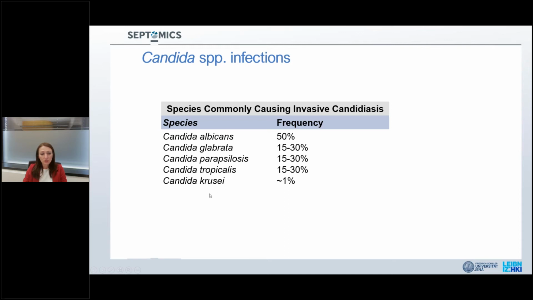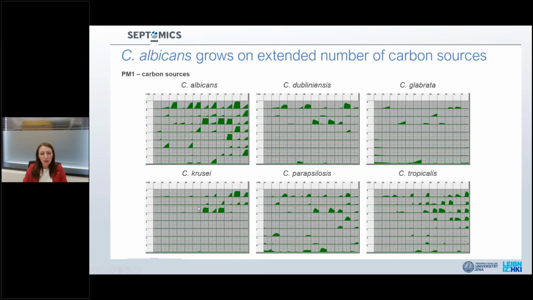So we used all those species, as well as the very closely related and less pathogenic species to Candida albicans, in order to directly compare their metabolic characteristics using the Biolog microarrays.